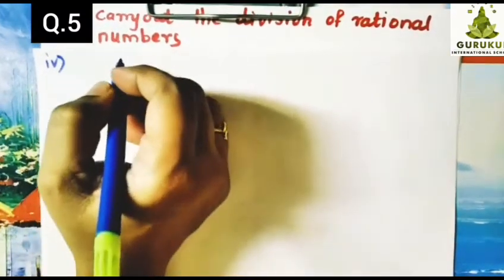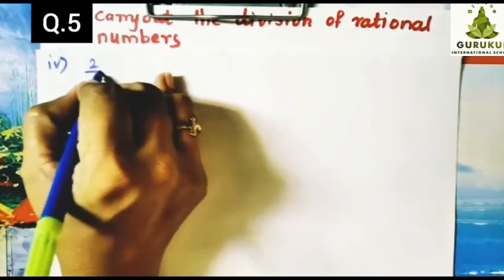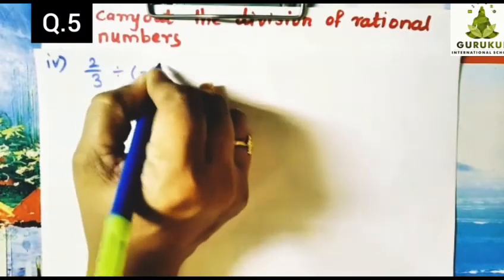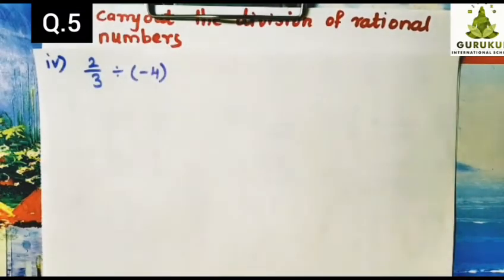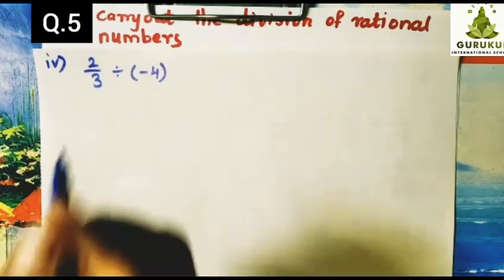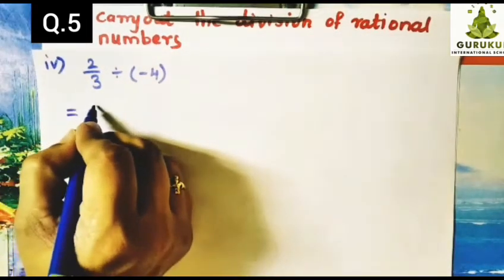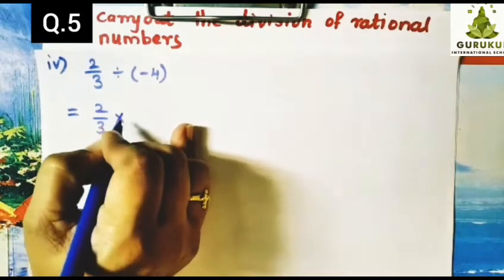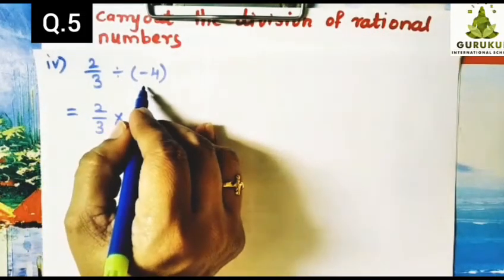It is 2 upon 3 divided by minus 4. Now in this one, first step, what I told you, you have to write the first fraction as it is, 2 upon 3. Convert this division sign to multiplication sign and write the inverse for this.